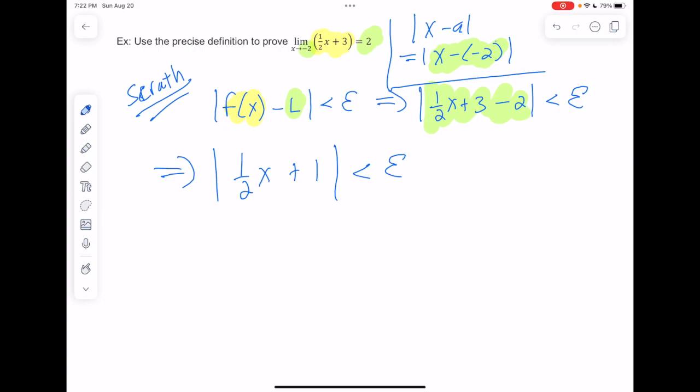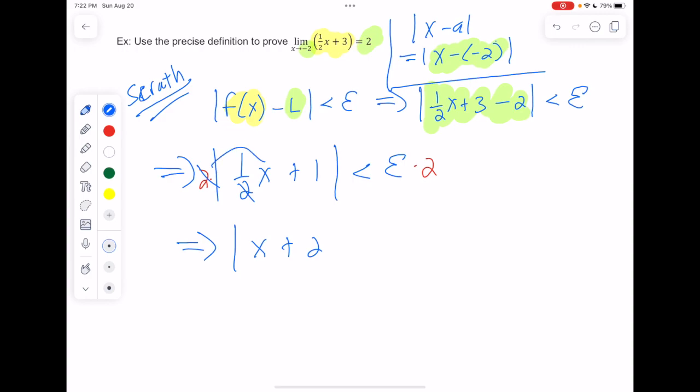One thing we could do to make that happen is multiply by 2 on both sides. And if we do that, these 2's are going to cancel. And we're going to end up with the absolute value of x plus 2, using the distributive property there, is less than 2 epsilon.